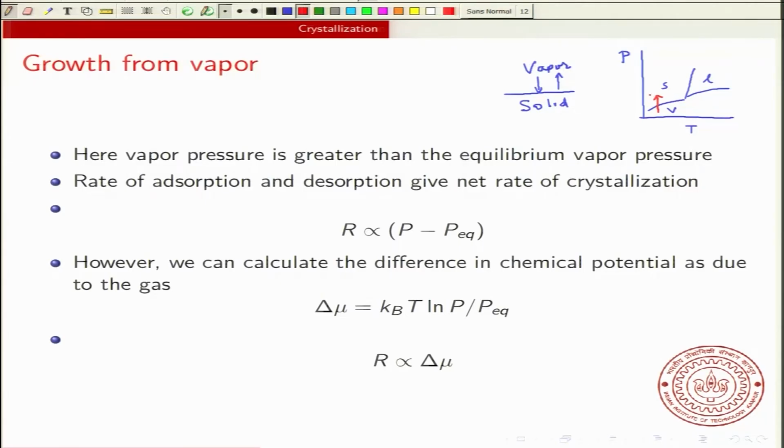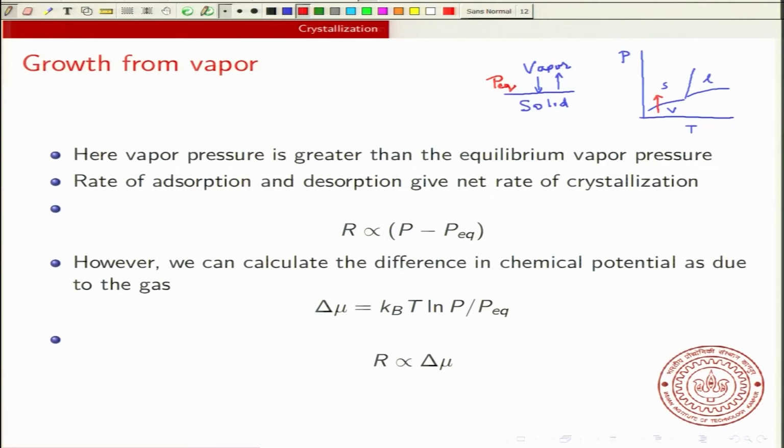So in this case, the vapor pressure is greater than the equilibrium vapor pressure. So if you have a solid and a vapor, okay, then whenever you have a solid, there is always some equilibrium vapor pressure. So the vapor pressure is the pressure at equilibrium.